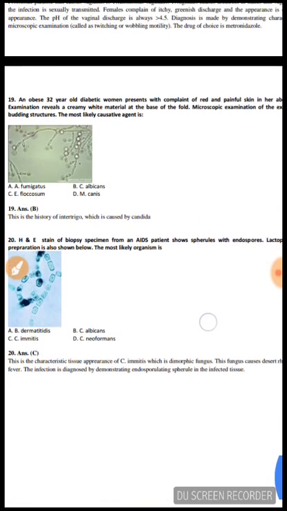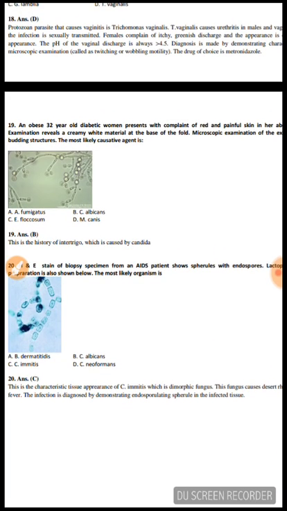Question number 19 and then question number 20. I am making it fast so that you need not spend much time over this, and just get an idea, and if some question happens to come in your exam, then you will be getting an extra benefit.